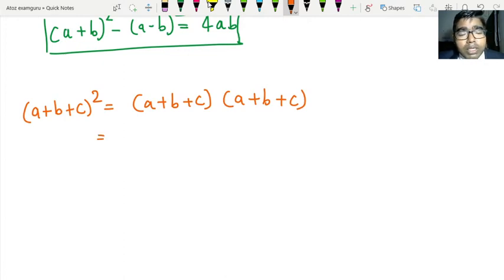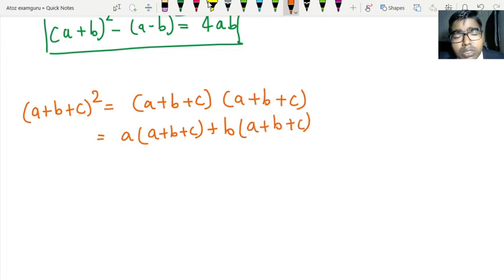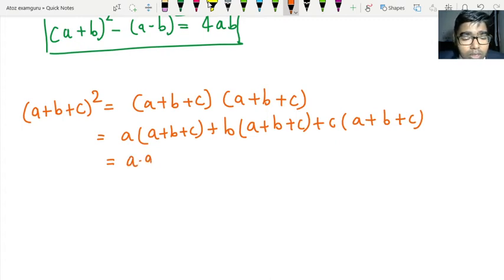right friends? So multiply a with the terms a plus b plus c, and then b will be multiplied with all the terms, right? b times a plus b plus c, and now c will be multiplied with the expression a plus b plus c. So if you multiply a with this expression, it will become a into a plus a into b plus a into c.